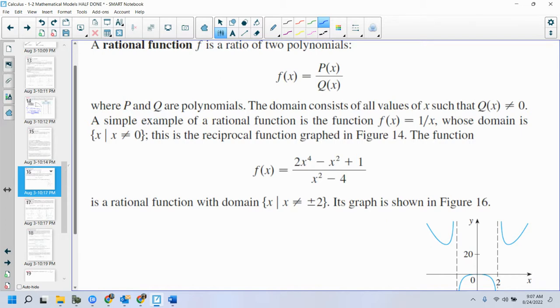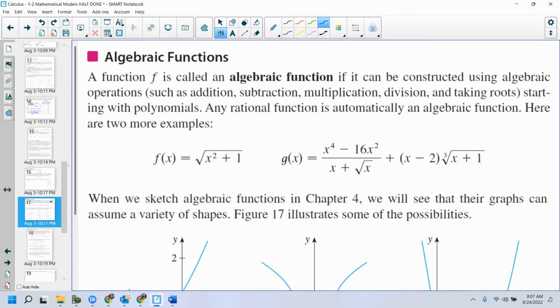If the degree on the top is equal to the degree on the bottom, then it depends on what the leading coefficients are. We'll talk about that a little bit later on too. And there are slant asymptotes as well. That's when the degrees match up as well. But again, those are rational functions. We'll talk a lot more about those later on.